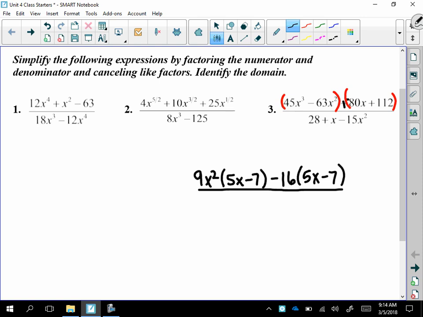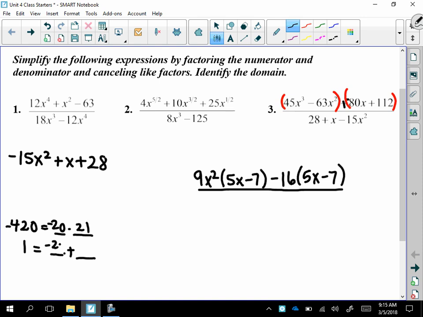We could rewrite it as negative 15x squared plus x plus 28. And then we need 2 numbers that multiply to whatever negative 15 times 28 is, and add to 1. And I think the 20 needs to be negative. Okay. And then we'll do negative 15 over each of those.